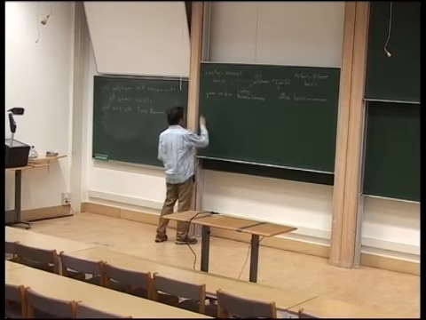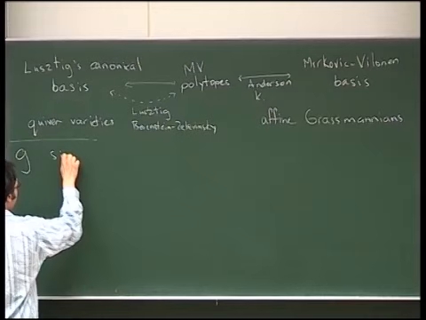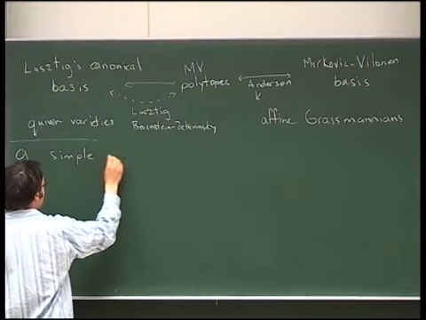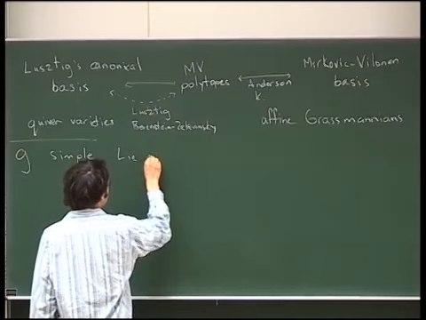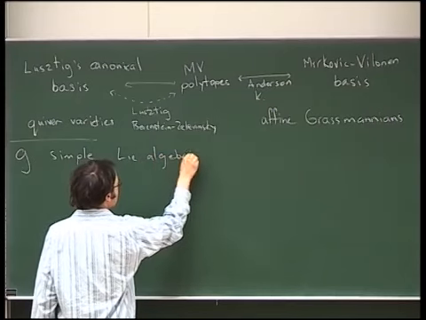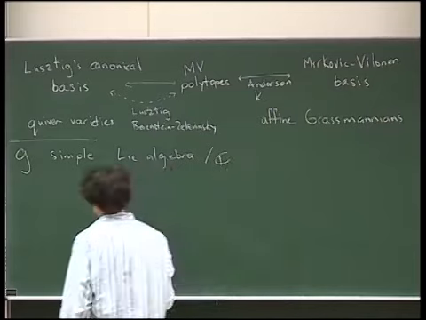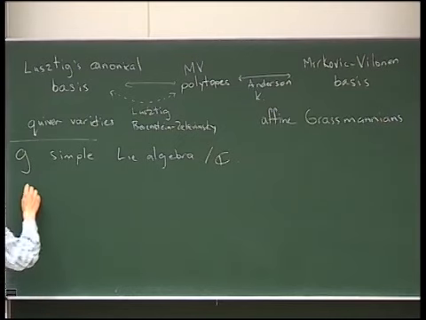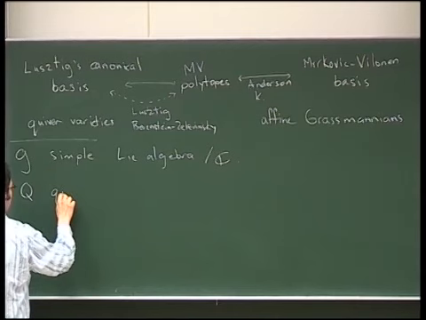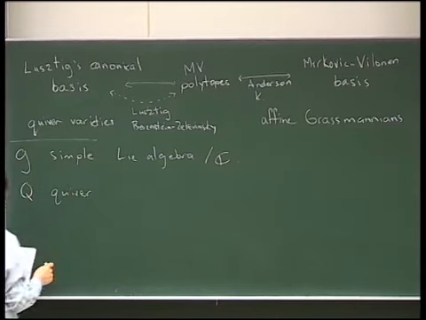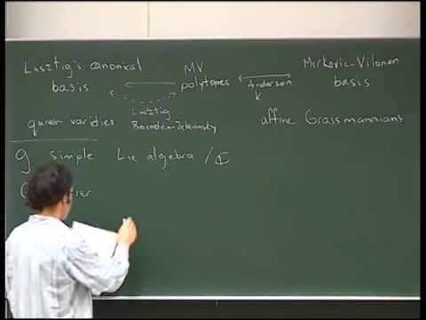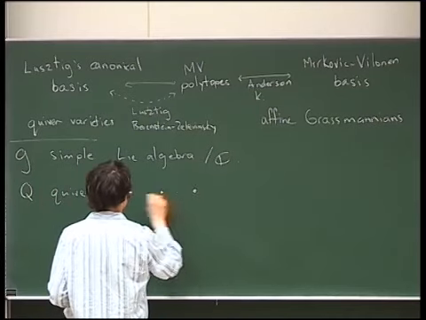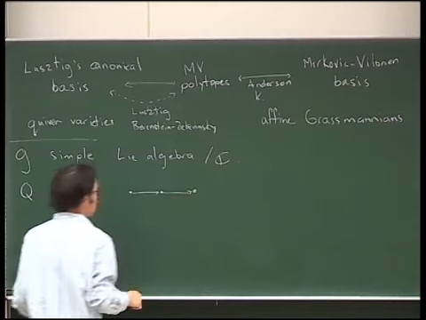We'll start with g, which will be a simple Lie algebra over C. In the beginning I'll start, on this side, with the geometry of the quiver varieties. So we'll take Q to be the associated quiver, by which I just mean the Dynkin diagram with an orientation, something like this, if our Lie algebra was SL4.